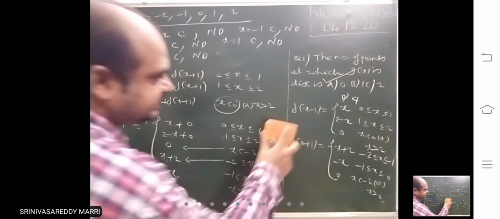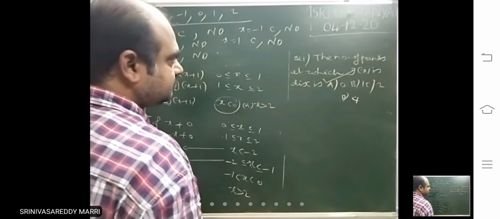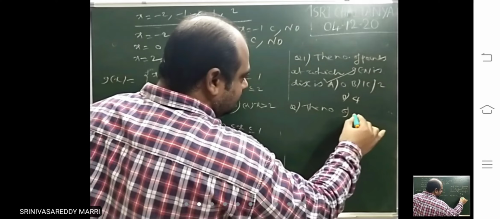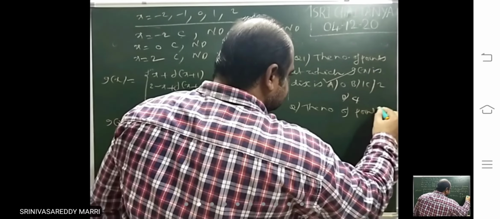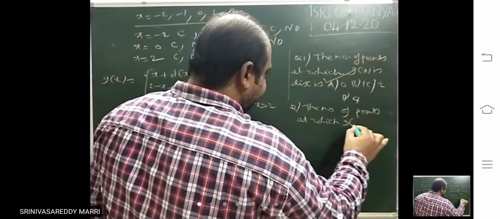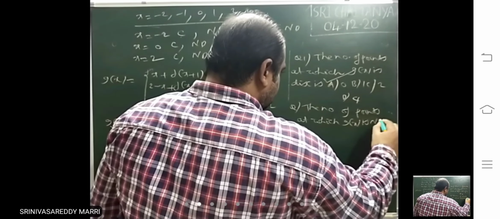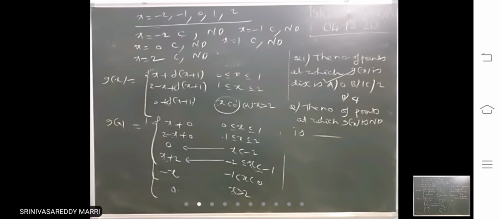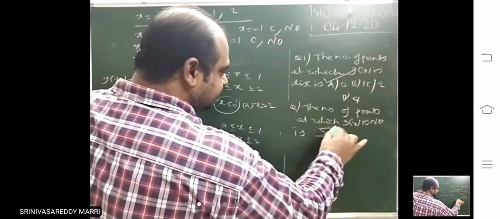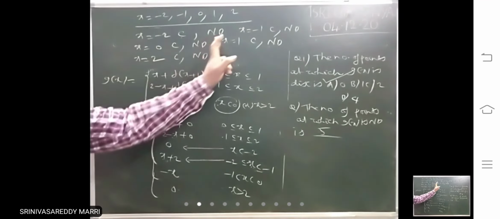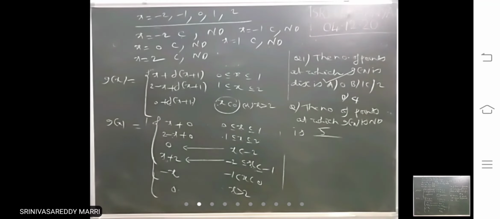Question number 2 asked is in this. The number of points at which it is not differentiable. So how many points? 1, 2, 3, 4, 5. 5 is the answer. So at all these points, it will be not differentiable. 5 points are there.